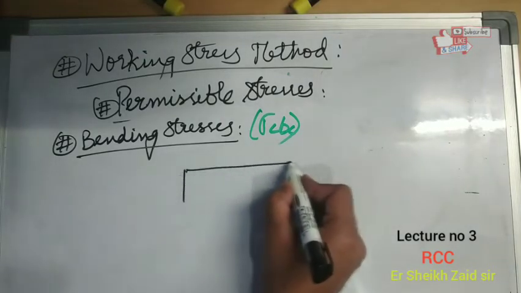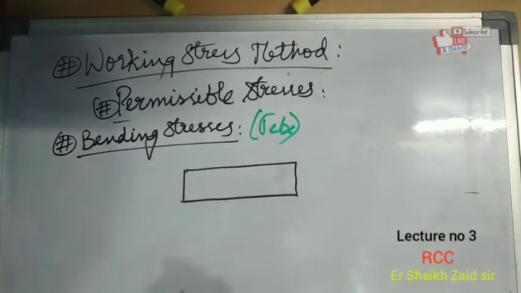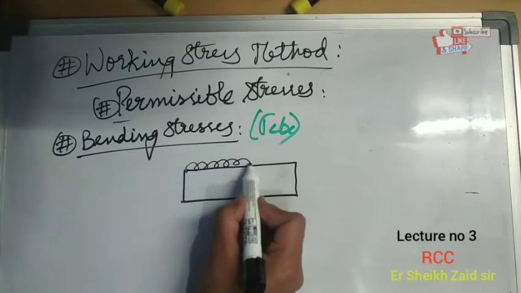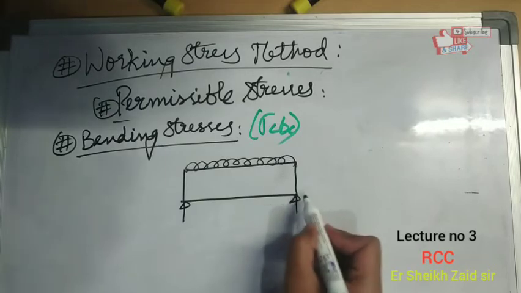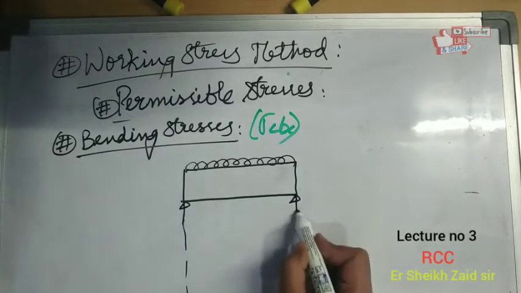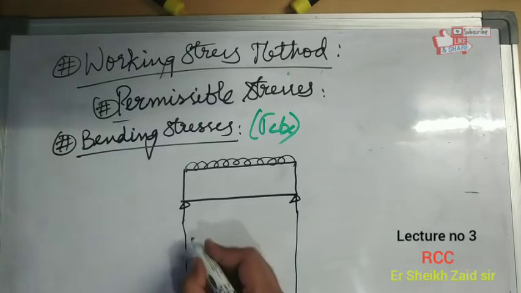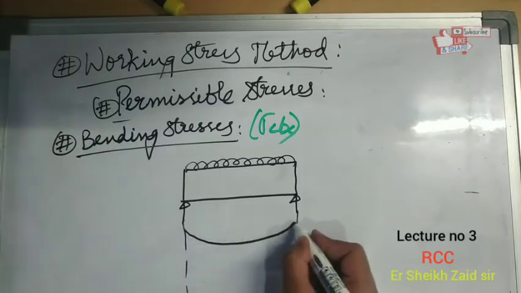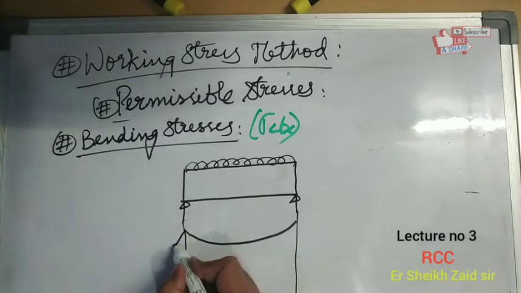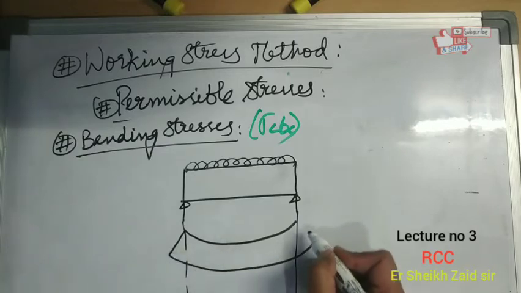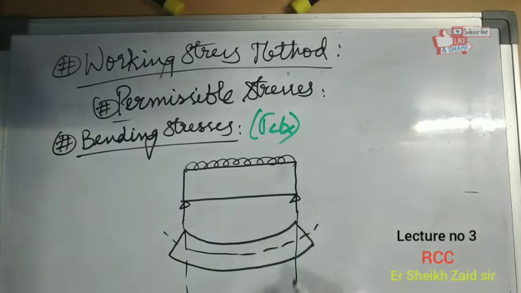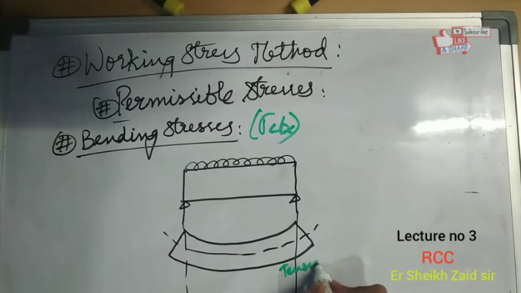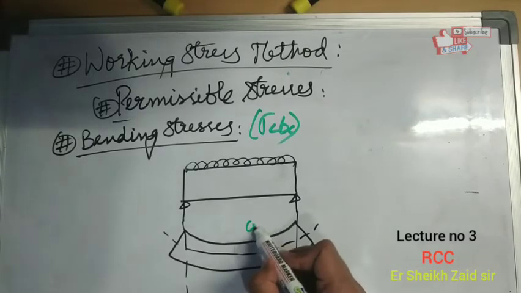Suppose this is a beam and it is subjected to some loading. These are the supports. If I make its deflected shape, it will be just like this. You can see the bottommost fiber is in tension and the topmost fiber will be in compression.